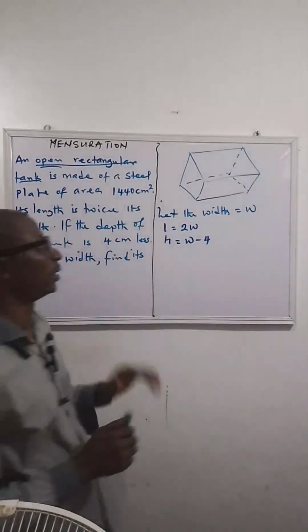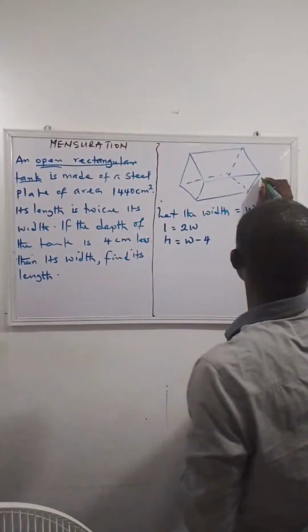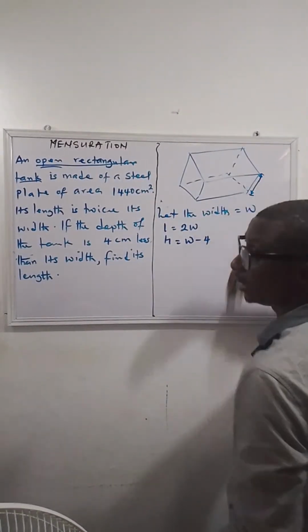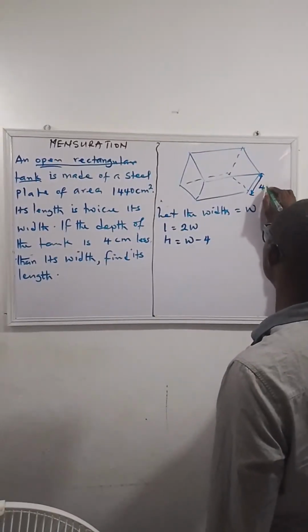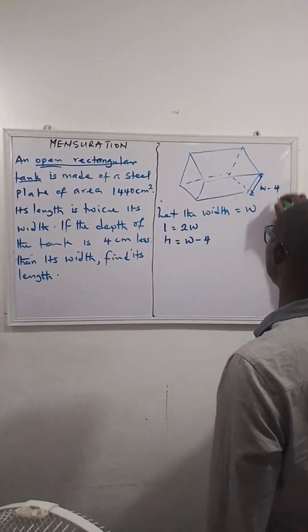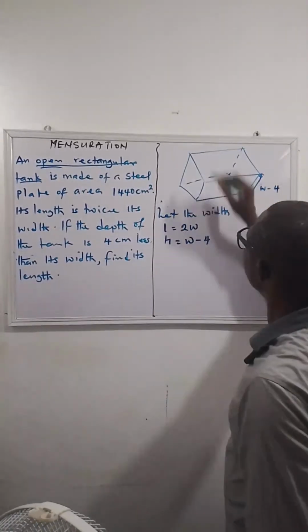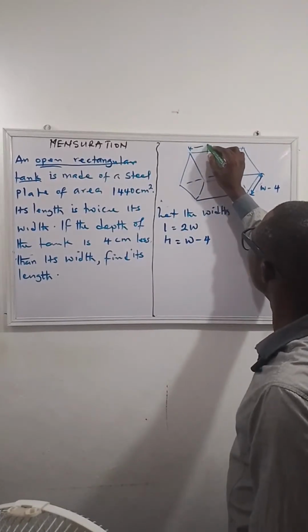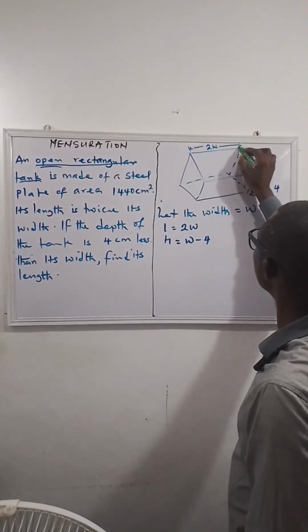Now, can we put that in the diagram? This side here, that's the depth, W minus 4. What of the length here? The length here is 2W.